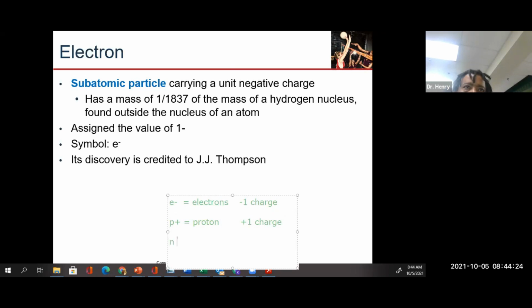So we're going to use n0. A neutron is neutrally charged, so it has a 0 charge associated with it. Okay. So neutron, neutral, 0 charge. Proton, positive, P for positive. Electron is going to be negative. Okay, you guys got that?